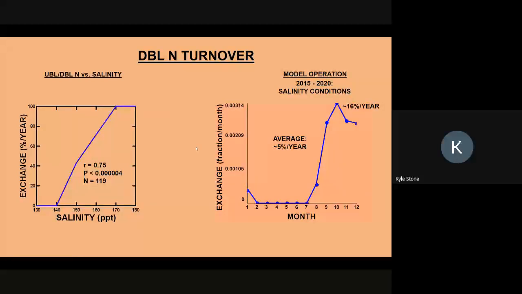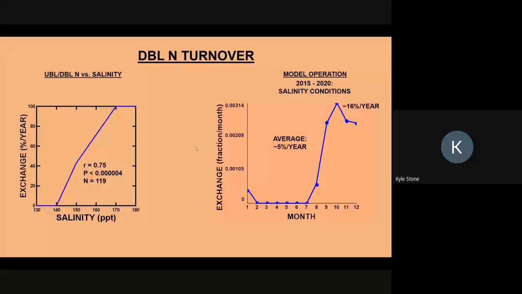If you look at changes in the nitrogen from the deep brine layer and then see it increase in the upper layer, there's a range in which there is some turnover. It's not complete and it's not zero. That occurs between 140 and 170.